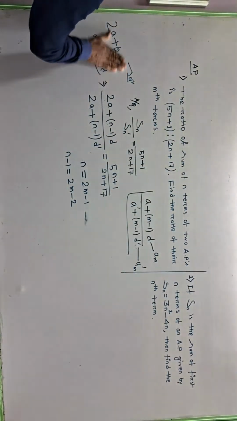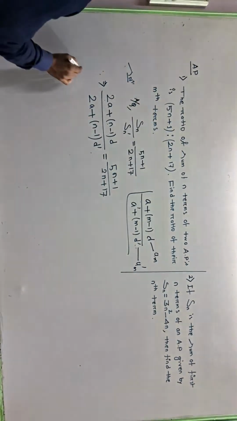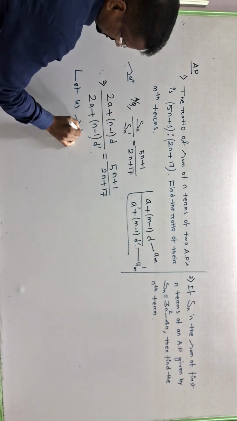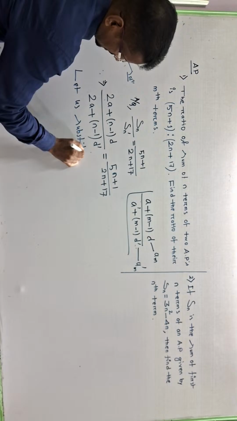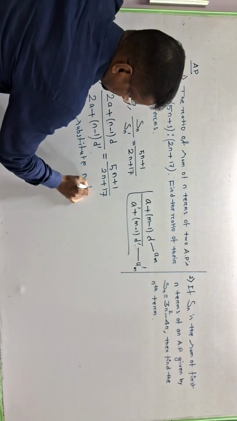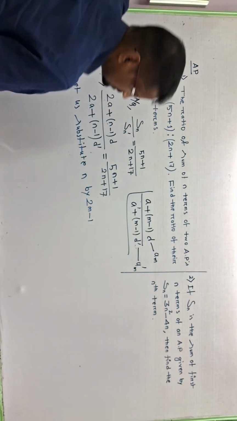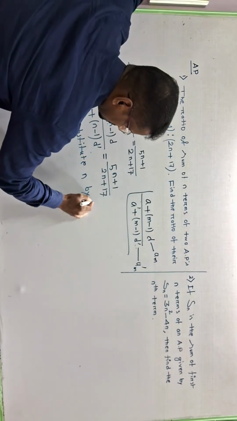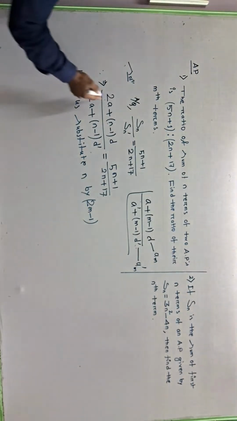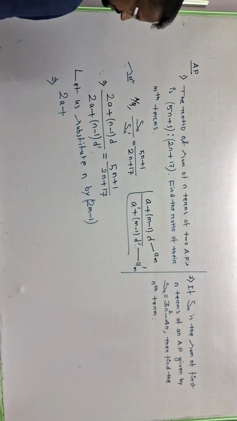Okay, let me write, then it will be more clear. Let us substitute n by twice m minus 1. That's it. Then what you will get? Twice a plus.